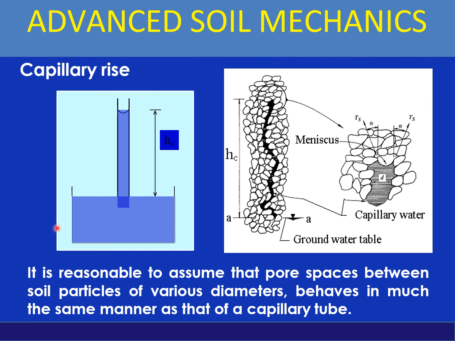So this is the simple model that we are having: a container which has been filled with water, and a small diameter tube is inserted, and you can see that there is rise of water in that.